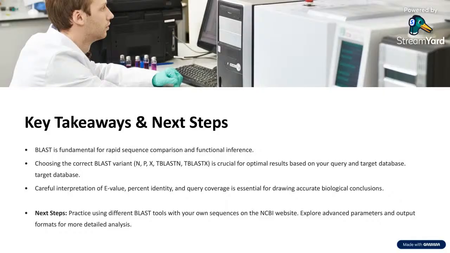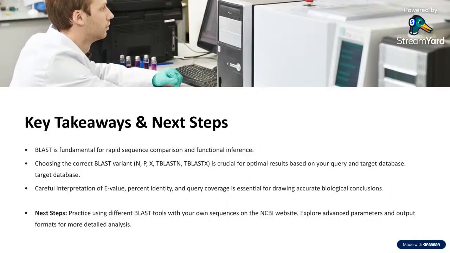Key takeaway and next step. To wrap up, here are the most important points. BLAST is the most essential tool for biological sequence analysis. It is fast, accurate, and free. Choosing the correct variant like BLASTN, BLASTP, BLASTX, TBLASTN and TBLASTX is critical depending on our input and goals.